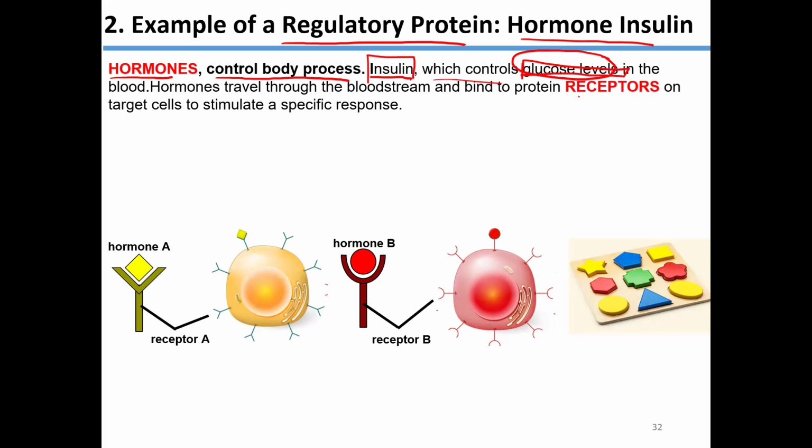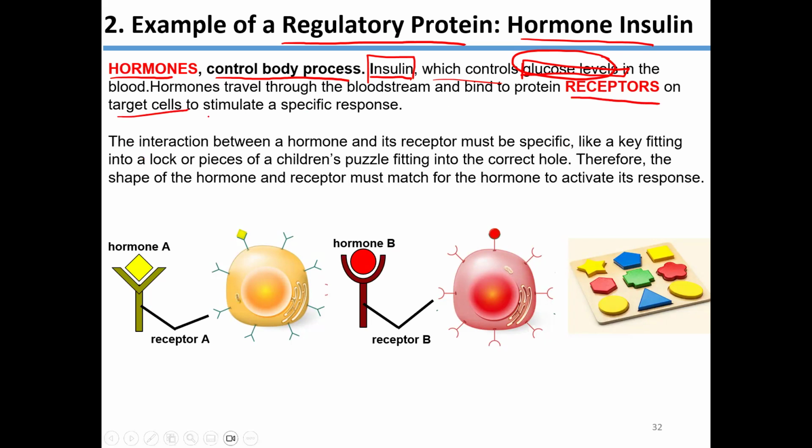The way that it does that is by utilizing receptors on our target cells. What that means is you can see that we have hormone A here, and receptor A down here. These are our cells, and you can see that they're completely different. The reason why is because it's like a lock and key, or just like a puzzle fitting together.